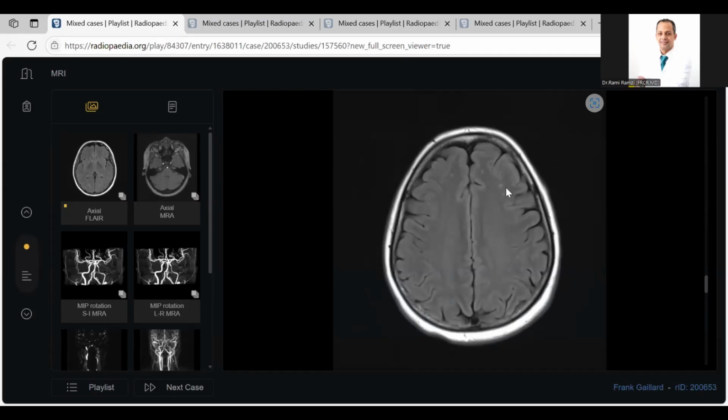What is the abnormality here? The abnormality seen at the cortices is small focal areas of high signal between the gray-white matter junction. It's predominantly in the white matter.